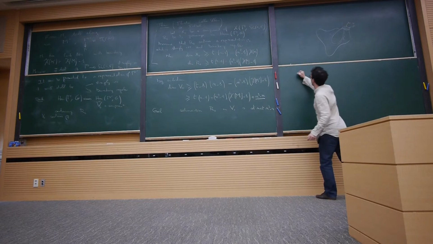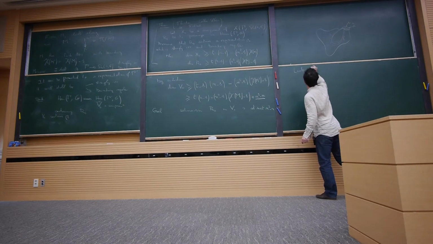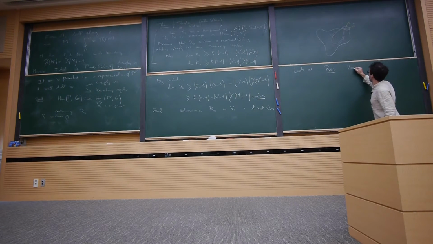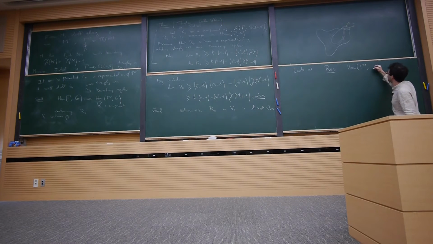So you have a restriction map: if you have a representation of gamma prime, you can restrict it to this boundary component, any boundary component. So let's choose this one, which will be important for us. I call it sigma 2.